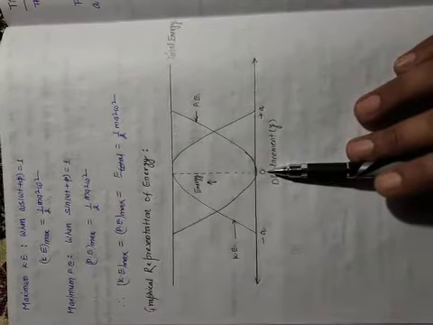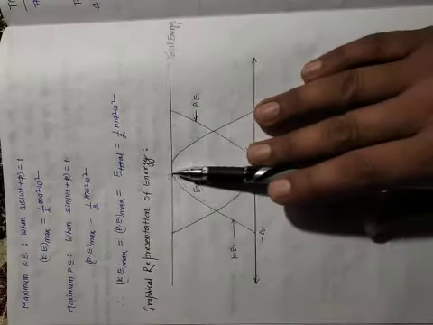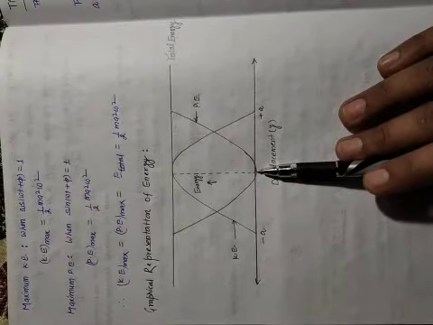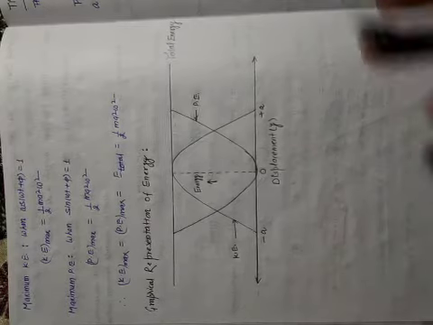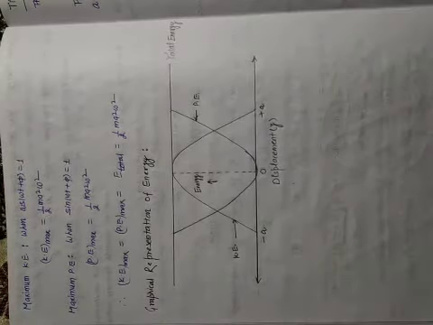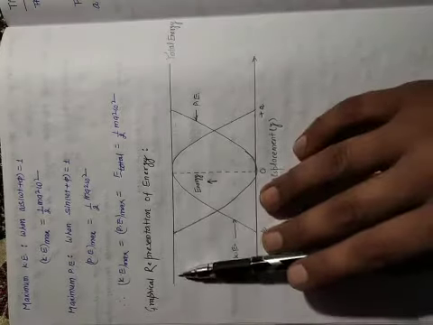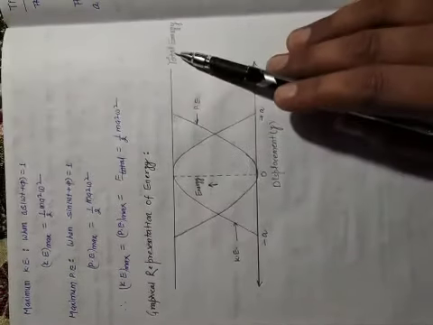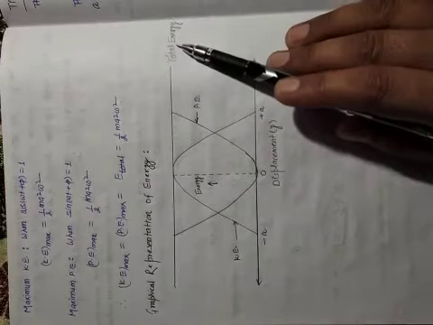And when the displacement is minimum, that is equal to 0, the potential energy is minimum, that is 0. So this is the graphical relation between the energies of a simple harmonic oscillator, and this straight line represents the total energy, which shows that the total energy of the harmonic oscillator is constant.